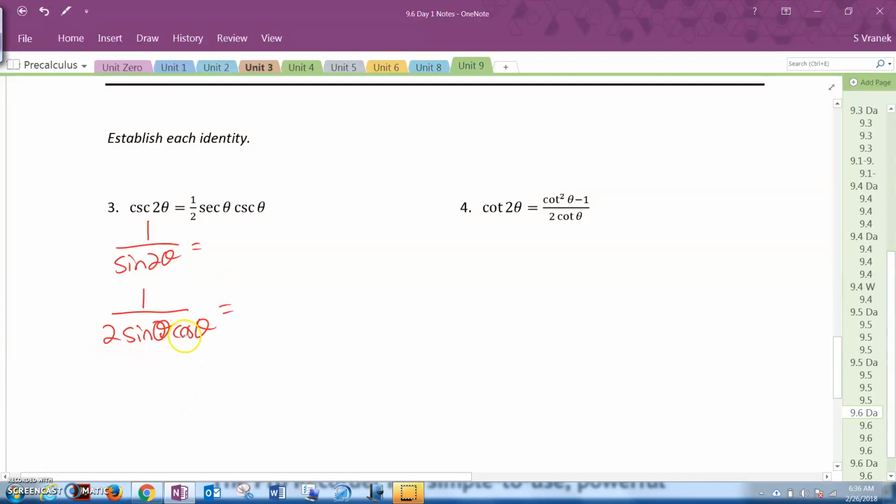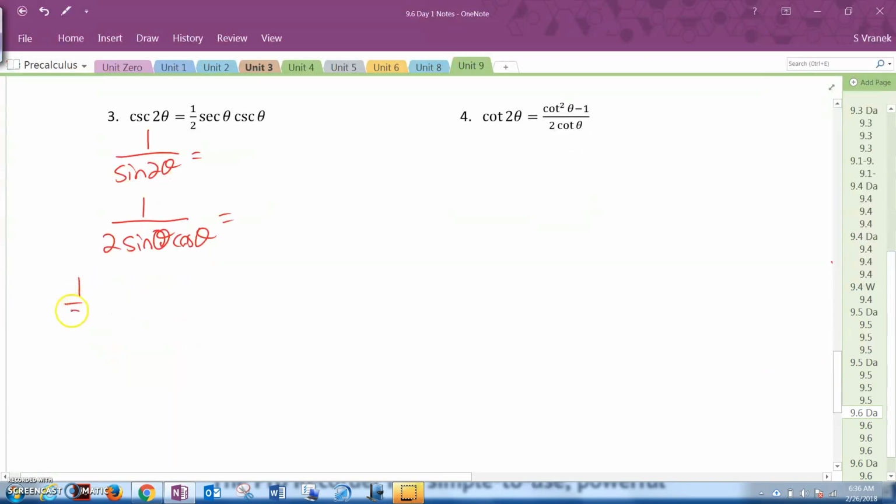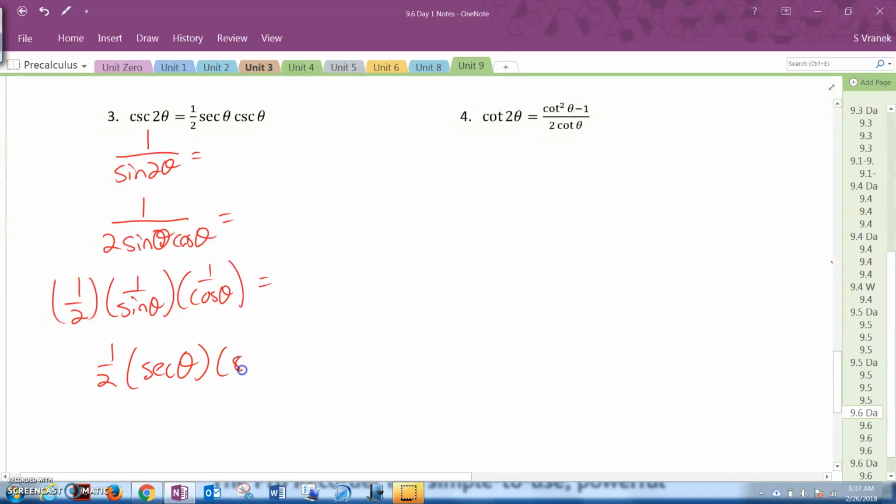So now I can rewrite this as, just so you guys can see it better, a 1/2, a 1 over sine, and a 1 over cosine of theta, which leads us to the final answer of 1/2 secant theta cosecant theta. So that's all we had to do for that one. We just rewrote it by doing our formula.